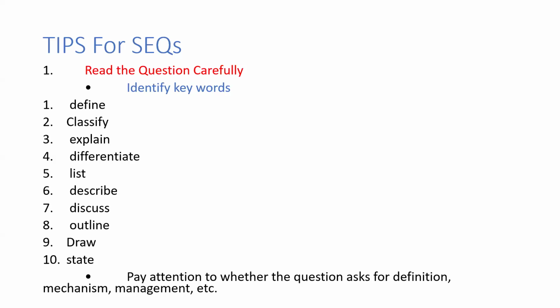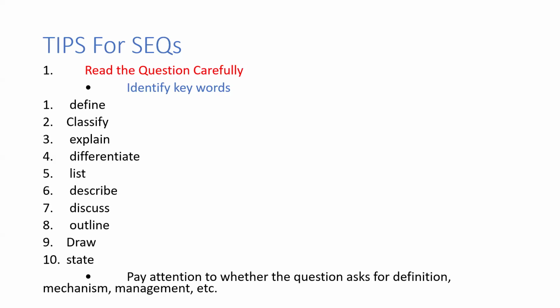Sometimes they will ask, list the 5 features of facial nerve palsy. Then you have to put 1, 2, 3, 4, and 5 and just list those things. Do not write paragraphs describing each and every clinical feature; you won't get additional marks for that. You will waste your time on that particular SCQ. So you have to remember that.